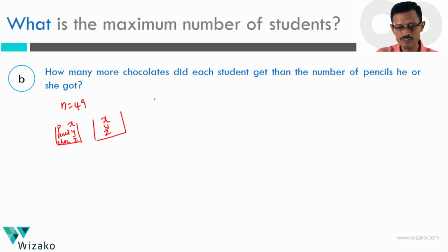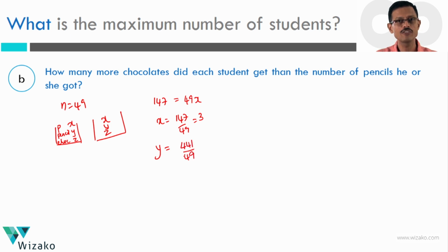How many pens do we have? We have 147 pens. We need to create 49 such gift hampers, each having X pens. So X is going to be equal to 147 by 49, which is equal to 3. Run through the same process for pencils. Y pencils, 441 divided by how many hampers do we have? 49 of them is going to be equal to 9.